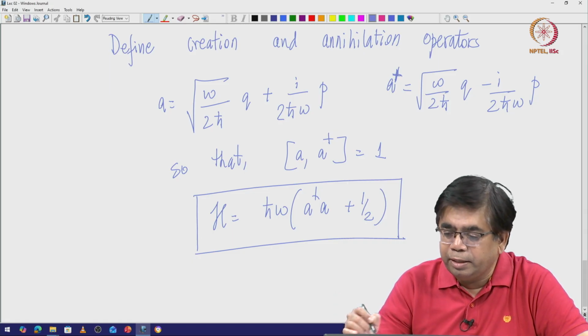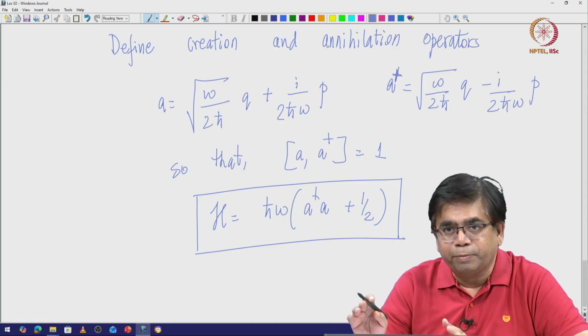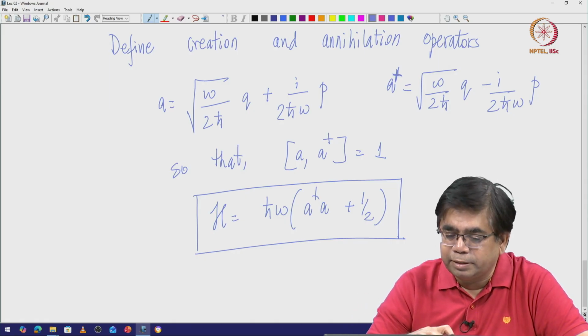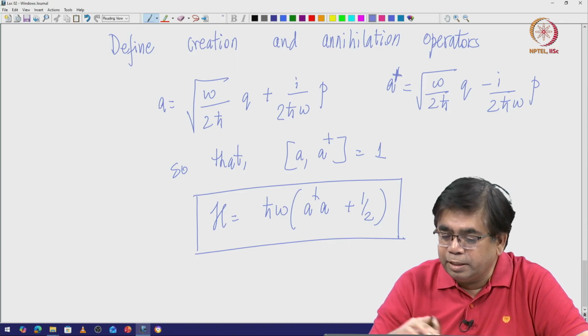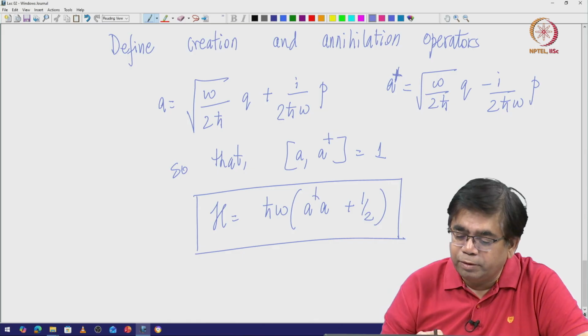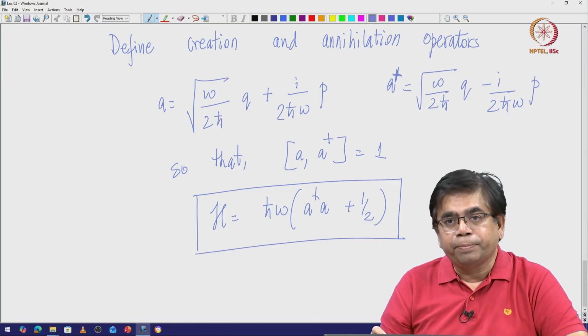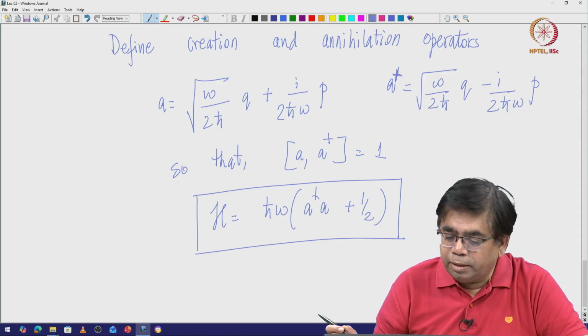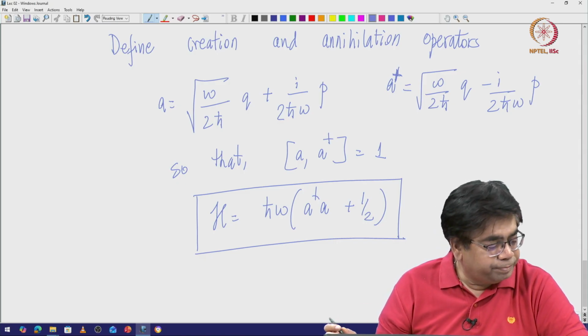Assuming that mass is equal to 1 here, the coefficients are chosen such that the linear combinations of Q and P set the commutator of A and A dagger equal to 1, and the Hamiltonian looks exactly like this: h cross omega times A dagger A plus half.